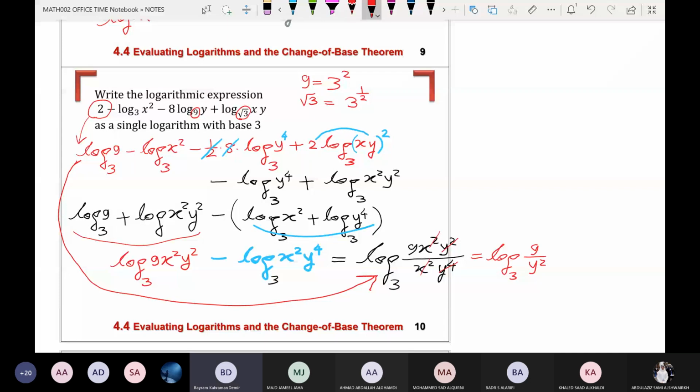And if somebody cannot catch this, unfortunately, he needs to do a couple more practices like this until he realizes what is happening here. You see? It depends on whether the logarithm is being subtracted or added. So the arguments of the logarithms will be at the numerator or the denominator.